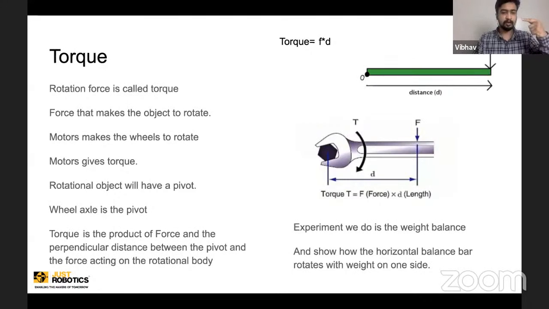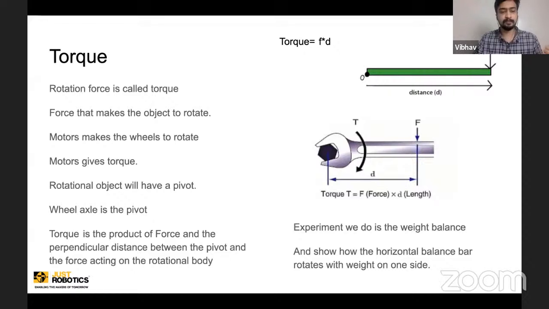You take one motor and tie a rope around it, or put one pulley and a rope around it, and on the other end of the rope you attach a weight. Now you ask the motor to rotate, and keep increasing the weight to find out the torque being exerted by the motor. We can conduct those kinds of experiments.